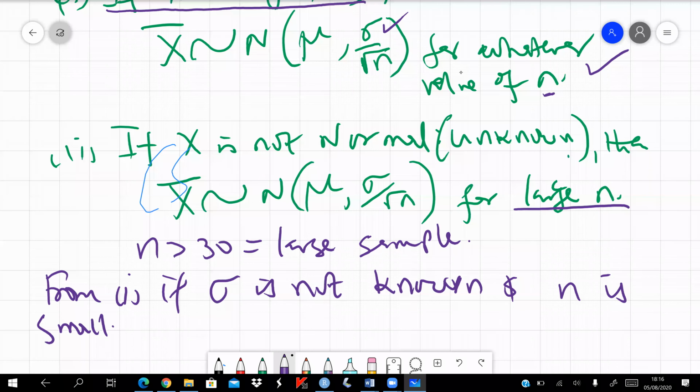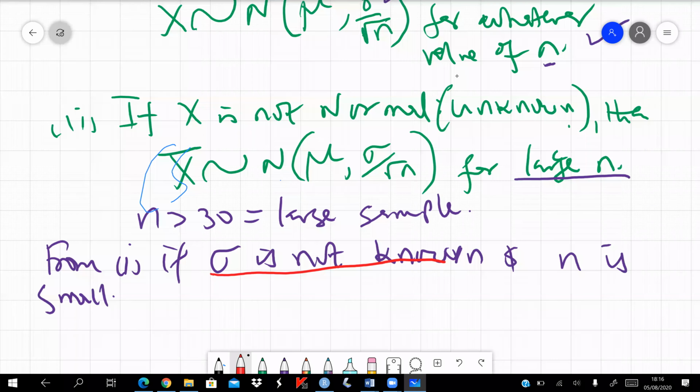When sigma is not known, it means that we're going to estimate it using the sample data. So when sigma is not known, we are supposed to get S to estimate the value of sigma, the standard deviation.